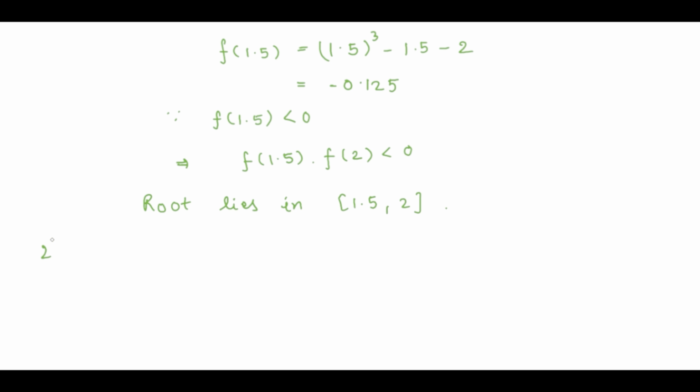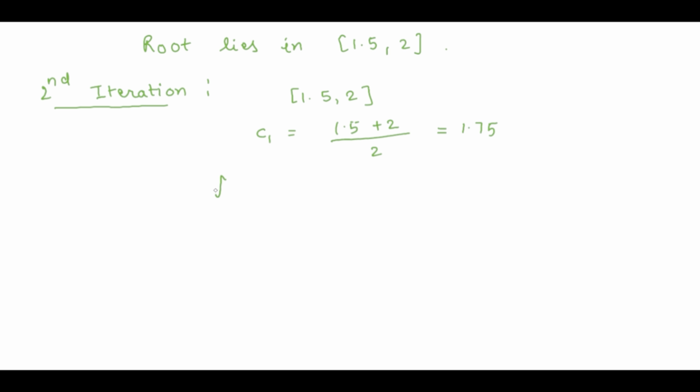Now comes the second iteration, where we have the new interval as [1.5, 2], and the midpoint is (1.5 + 2) / 2, that is 1.75. Evaluating the function at 1.75 gives you 1.609375.